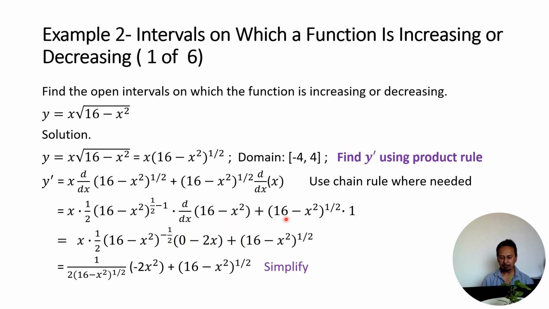Plus (16 minus x squared) to the 1/2 times 1 is (16 minus x squared) to the power 1/2. And now simplify further, so you can see x multiplied with x becomes negative 2x squared, times 1/2, and just bring down using the negative exponent rule on the denominator, and plus (16 minus x squared) to the 1/2, and simplify.